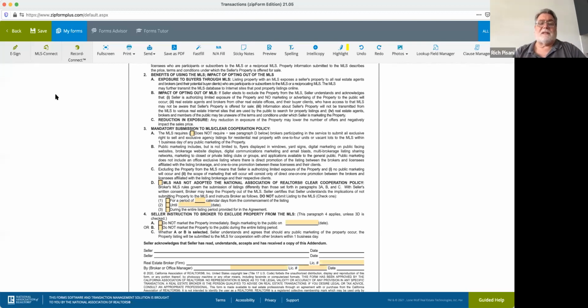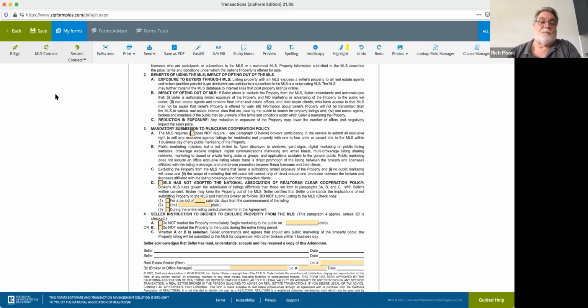Meaning if your listing starts today, you have 2 business days to put it into the MLS. If you don't put it in the MLS within those 2 days, you're going to get a violation for mandatory submission. It's not a violation against clear cooperation, it's just against mandatory submission. So just be aware of that. You have 2 days to put it into the MLS if you haven't marketed it.